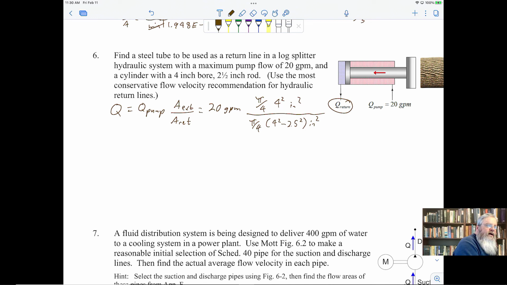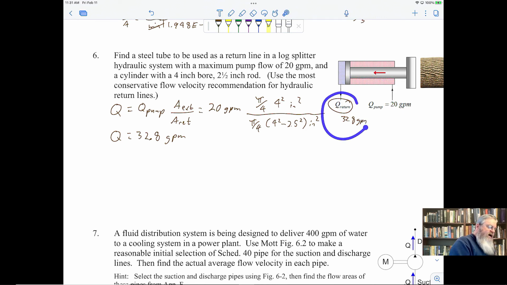When we work that out, we get an intensified flow. It's significant. It's 32.8, 33 GPM basically. That's the intensified flow. During retraction, 20 is going in, and 32.8 GPM is coming out.